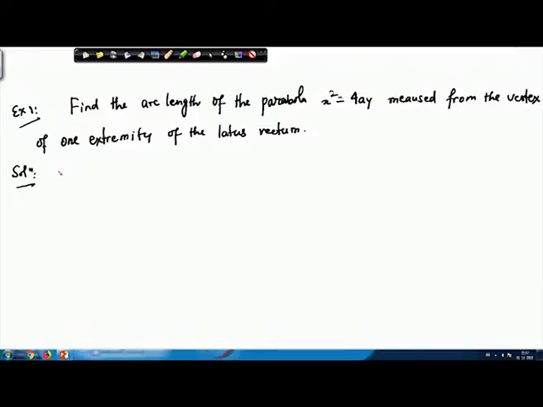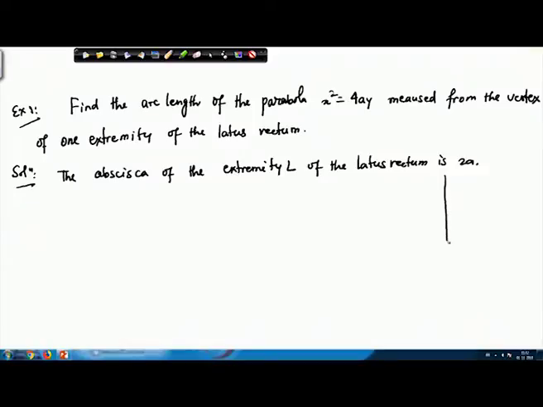In this case, the abscissa, or the x point, of the extremity L of the latus rectum is 2a. So the latus rectum is given this way.